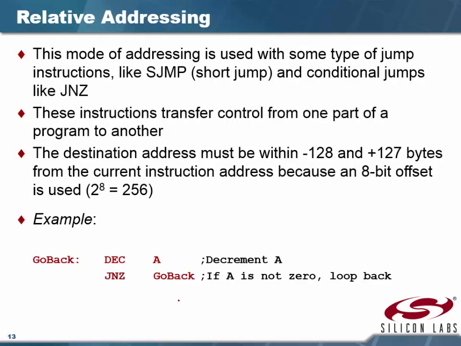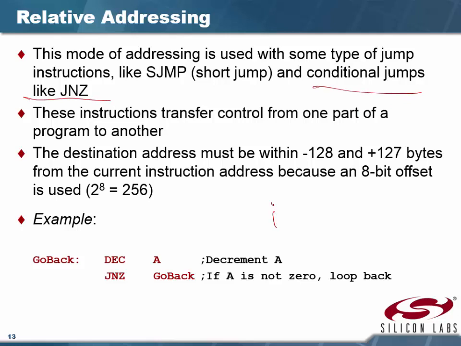Relative addressing is, these next three basically talk about for various jumps. There's various types of jump commands and relative jump or conditional jumps. A conditional jump means that you don't jump every time.